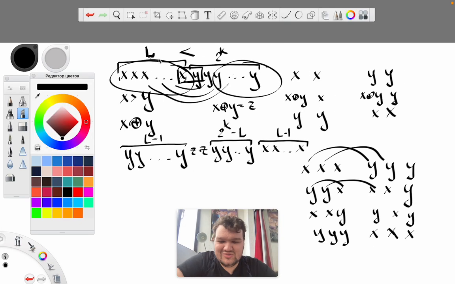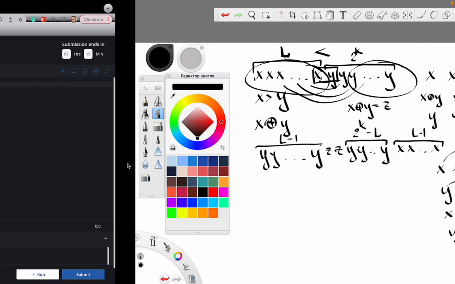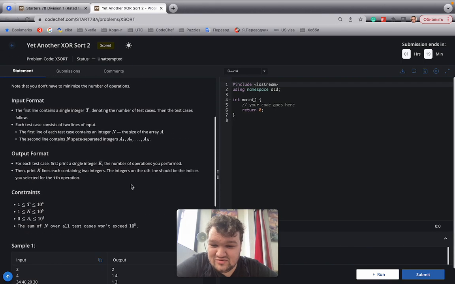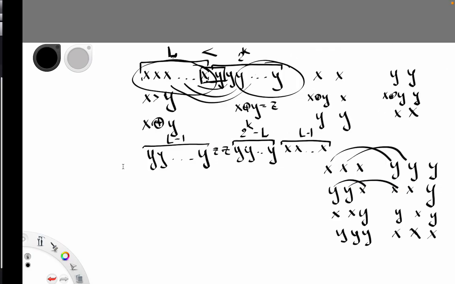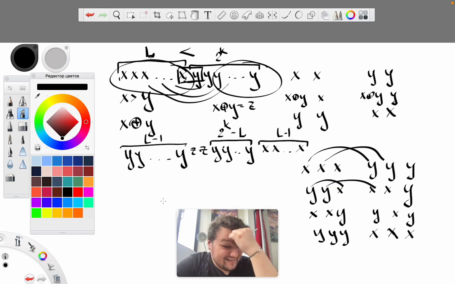Okay, how to solve n equal to 3? I should be able to write brute force. It can be proven that the solution always exists. Not clear to me at all, but I can write brute force, for example.